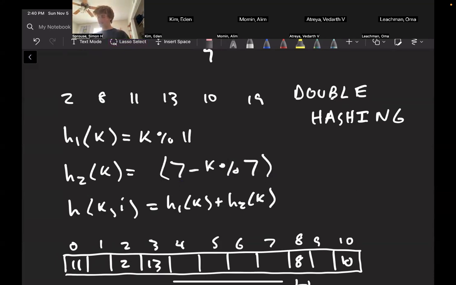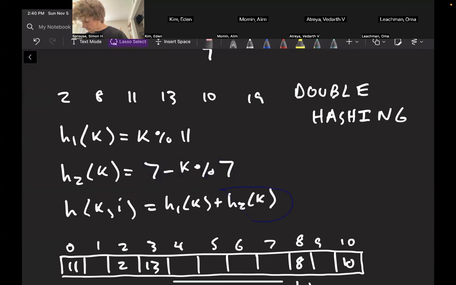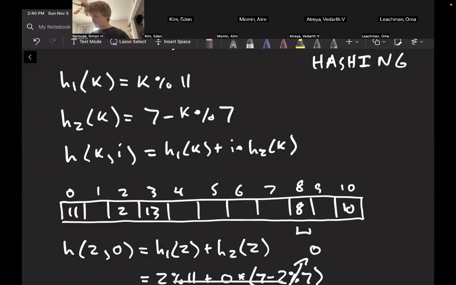The second hashing function is actually your number of collisions times the second hashing function. So you can either formalize it like this, or I think it would make more sense to handle it like this. So sorry if y'all are trying to follow along and writing in pen.